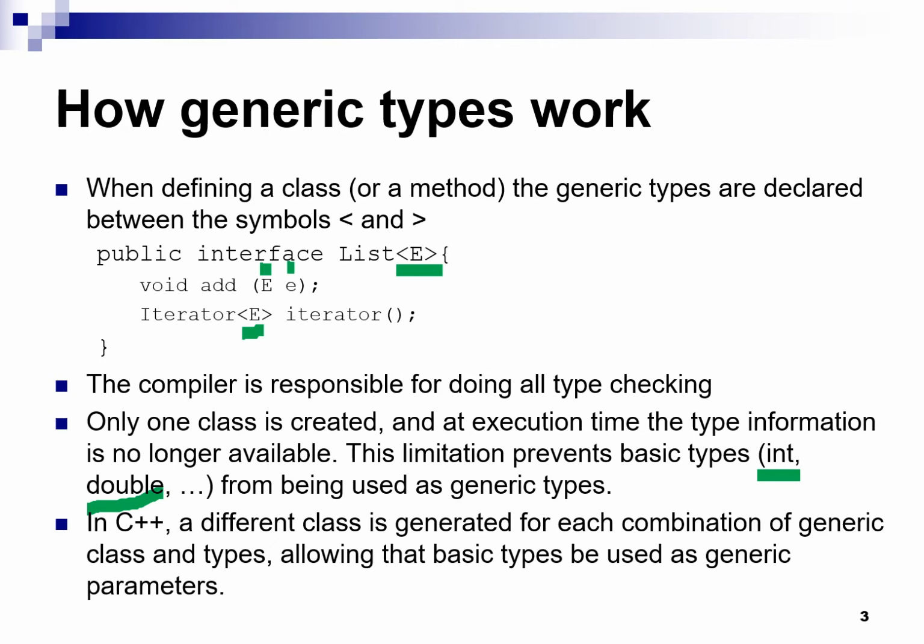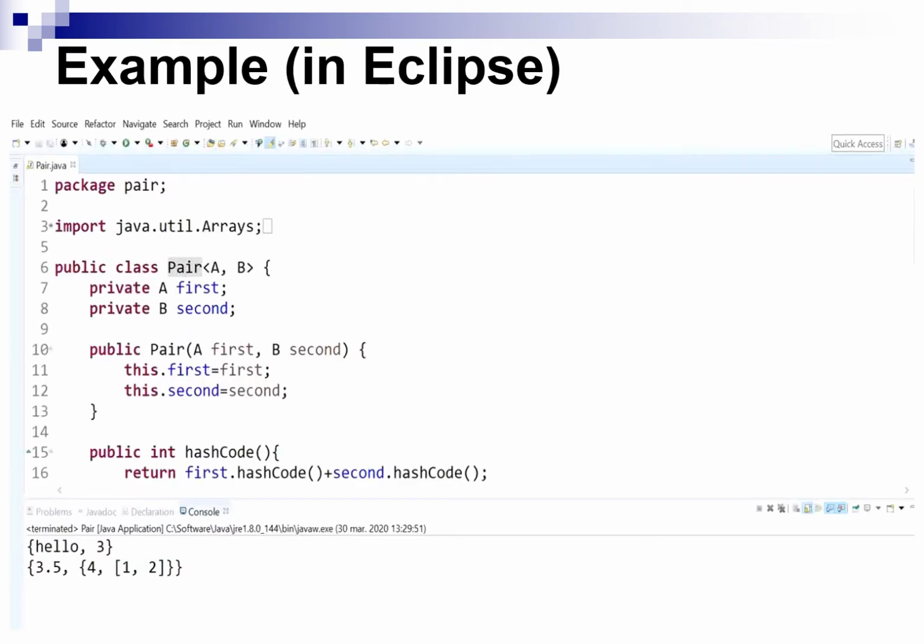Right, this is an example of a generic class whose name is Pair. So it is generic because we have declared two generic parameters between these brackets, and by convention these type parameters, the name is in uppercase and normally just one letter.